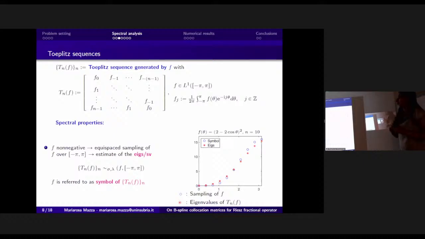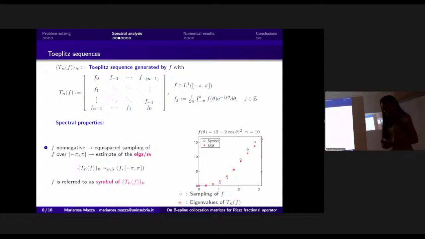Okay, so now we know what's the structure of our matrix. It's a Toeplitz class correction, and we'd like to use this information to know more about its spectrum. In this view, we need to say a bit more about the Toeplitz matrices, especially the ones that are associated to a Lebesgue integrable function, say f, that is the matrices that are built in this way from the Fourier coefficients of the function f.